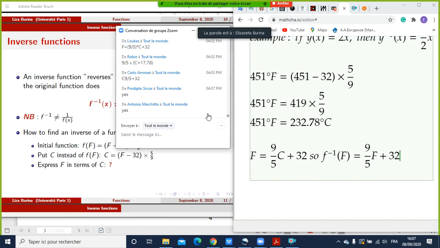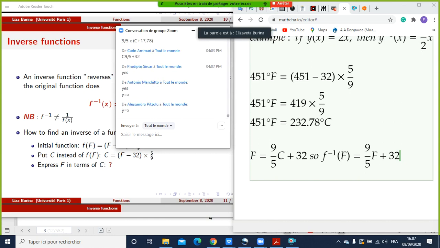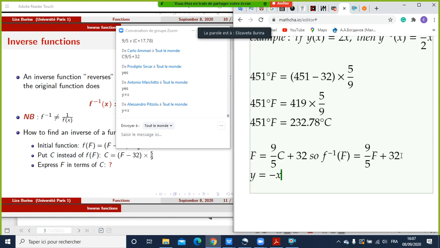Just the simplest, okay? y equals x. Yes, the simplest indeed. So when we want to inverse it, we'll get, well, something like x equals y. So yeah, it will be that. Another example that I can give you is y equals minus x. For example, it's also going to be its own inverse.